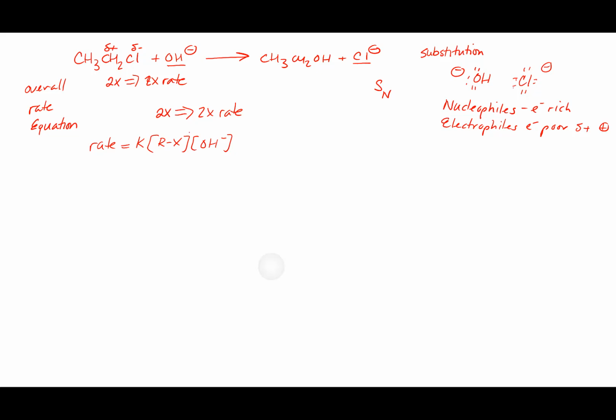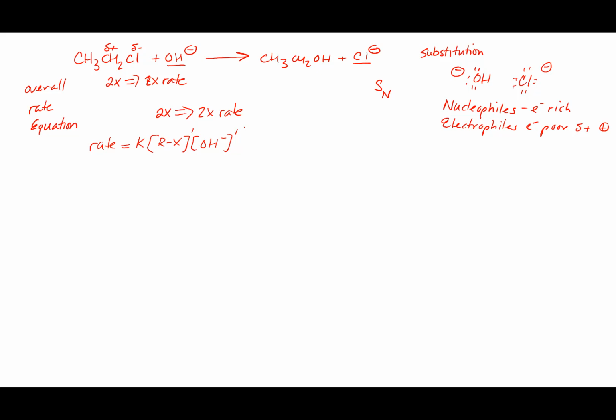And the exponents here should be 1 and 1, because if we double the concentration, we double the rate. Right? If the exponents were 2, if I doubled the concentration, the rate would go up by 2 squared or 4. Okay? So here's the overall rate equation.